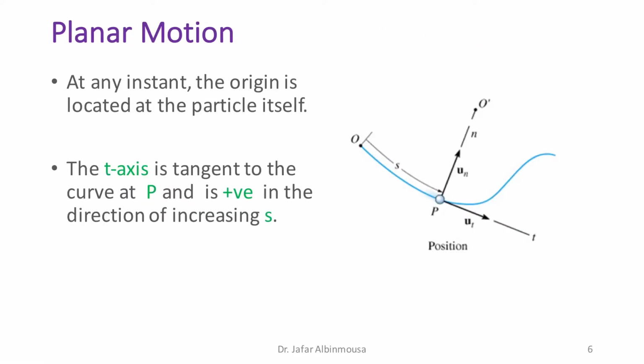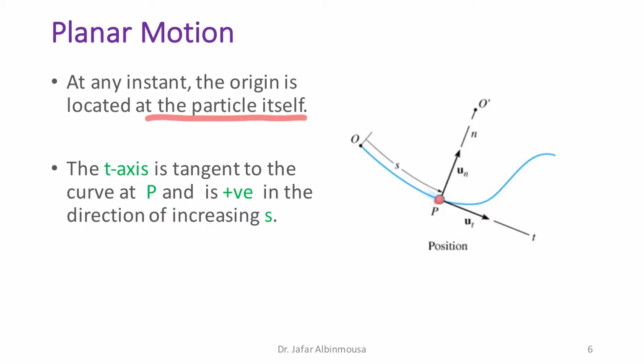Now, if we consider two-dimensional planar motion, there are few points to be considered over here. First, as we discussed earlier, at any instant, the origin is located at the particle itself. So if you look over here, this is the origin, just on the particle.